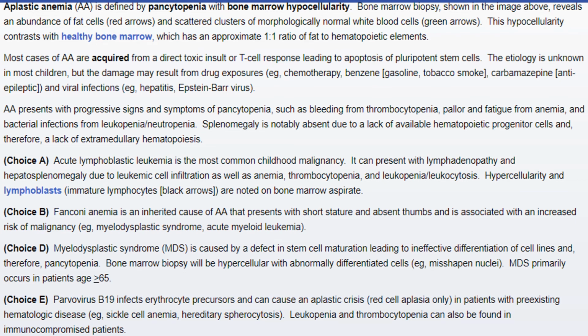Aplastic anemia is defined by pancytopenia with bone marrow hypocellularity. Most cases of AA are acquired from a direct toxic insult or T cell response leading to apoptosis of pluripotent stem cells. The etiology is unknown in most children, but the damage may result from drug exposures like chemotherapy, benzene, carbamazepine, and some viral infections such as hepatitis and Epstein-Barr virus.